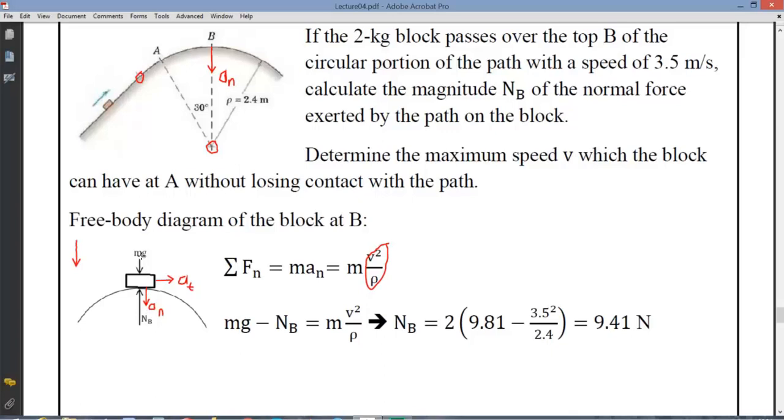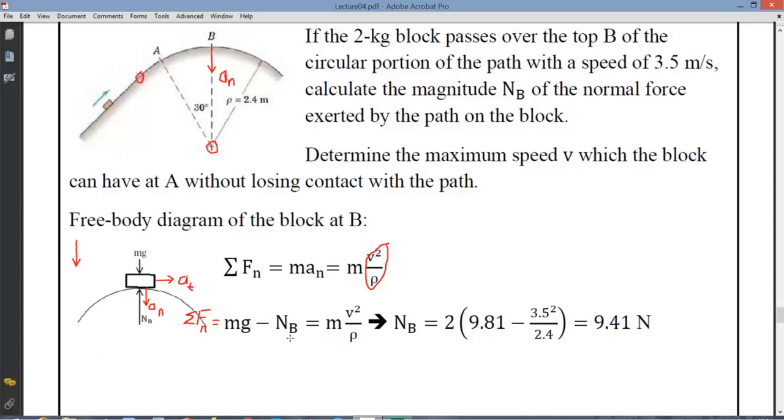Now, if we're going to use the nt coordinates, then an is positive in the downward direction, so that's why mg becomes positive. So this is our summation of forces in the normal direction. Summation of forces in the normal direction will be equal to mg positive, and the normal force is in the negative direction with respect to this normal direction, and the resultant acceleration is positive, right?